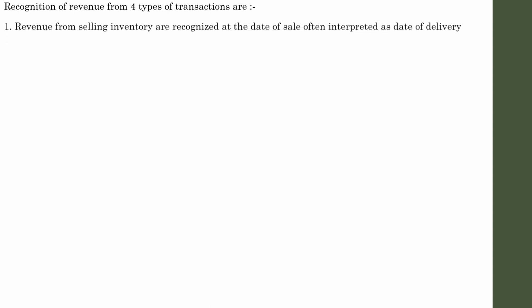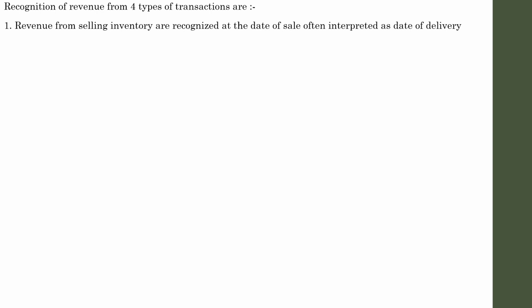Earlier we mentioned how a revenue is recognized with regard to sale of goods. Now we are going to discuss the recognition of revenue from 4 types of transactions. So let us discuss some of the types of transactions from which a revenue is recognized. First one, revenue from selling inventory is recognized at the date of sale, often interpreted as the date of delivery.